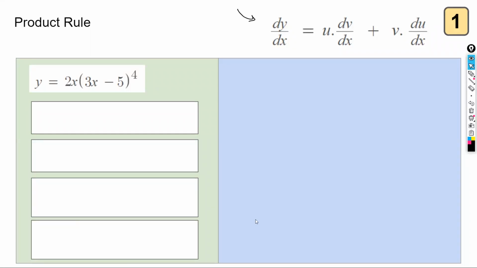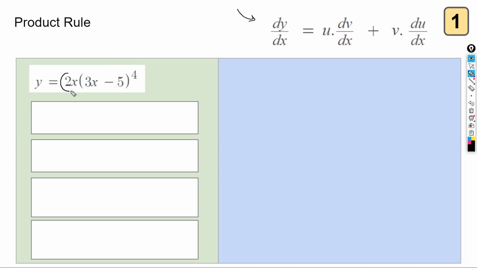All right, so let's explain how to use the product rule. And the good news is the product rule is actually written on the exam paper itself. It's part of the formula sheet. We specifically use the product rule when you have two groups of x being multiplied. Look at this.